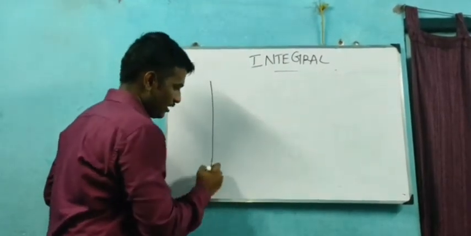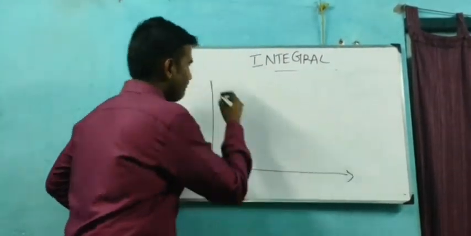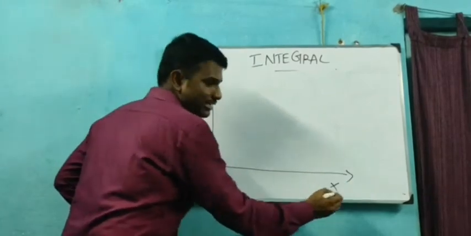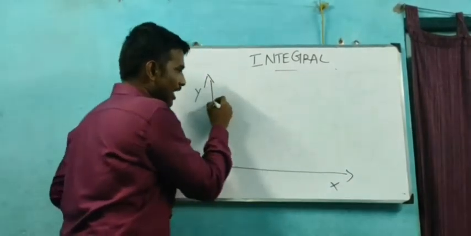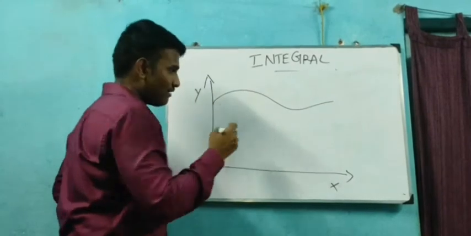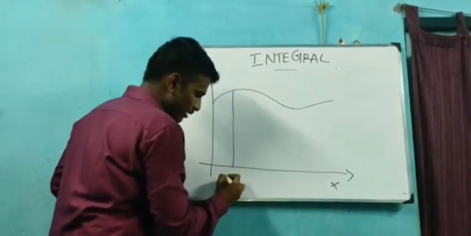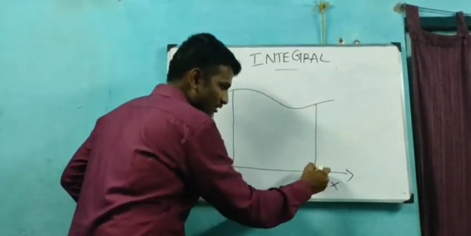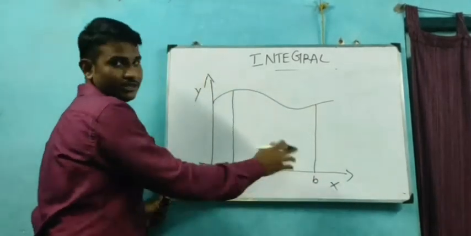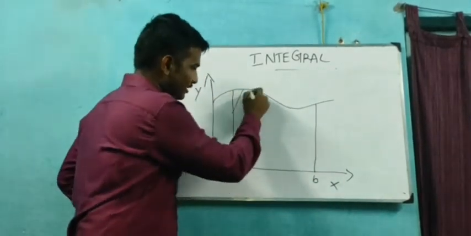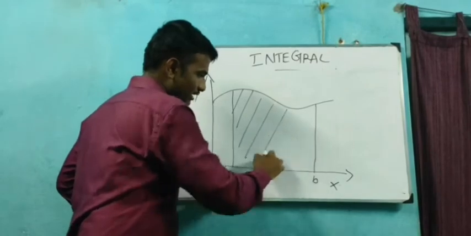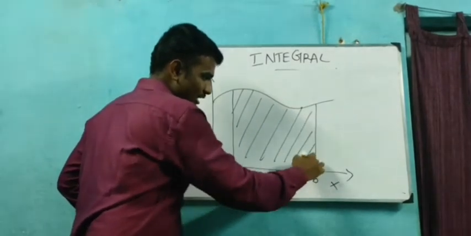I have to draw this graph in detail first. This is x, this is y. I have a curve like this. This is my first point A, the starting point, and this is the ending point. I have to find this shaded region using integration.